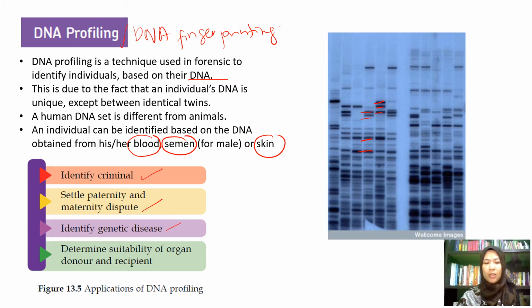And determine suitability of organ donor and recipient. Okay, compatibility of the organ. Walaupun berlakunya donation of organ, kena check dulu compatible ke tidak nak terima organ. Bukan simply saya nak derma organ and then orang ni terima. Tak boleh, kena check dulu.